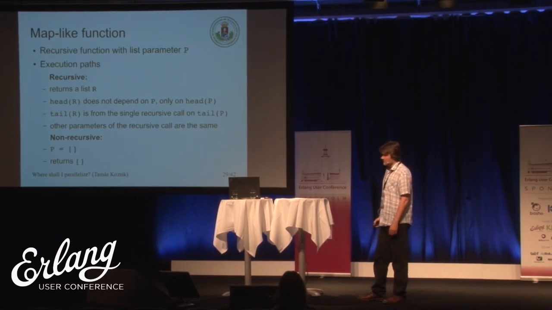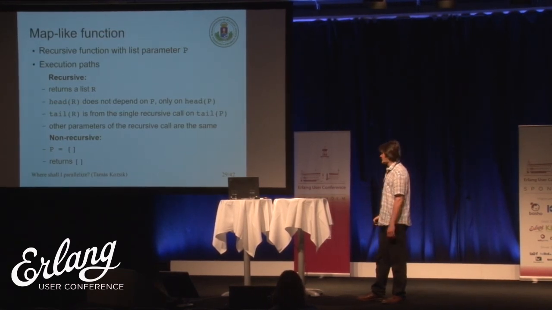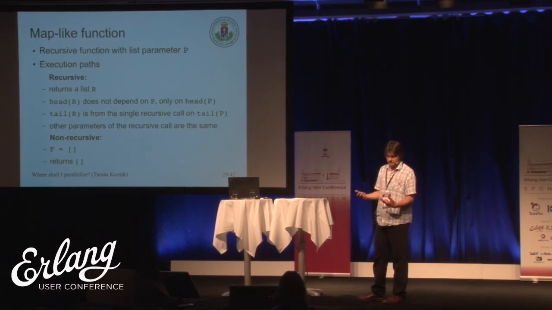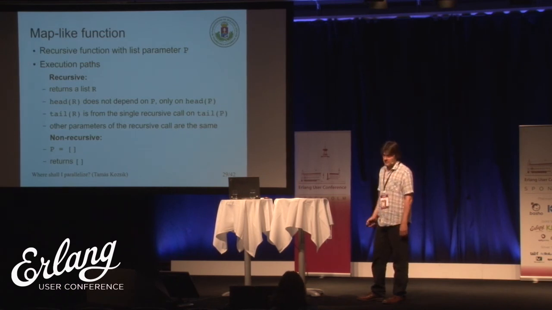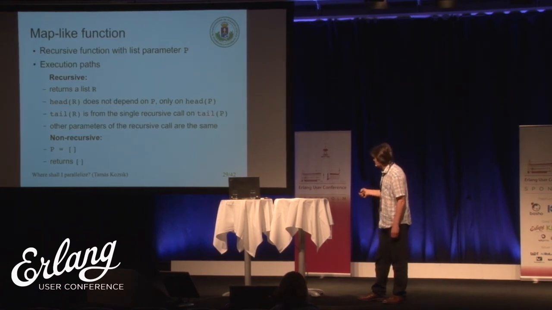And all the recursive execution paths must satisfy certain conditions, like they should return a list R, where the head of this return list should not depend on the complete list coming into the function, only the head of that list. And yeah, this is a dependency analysis again. And the tail of the resulting list should be the result of the recursive call on the tail of the input.